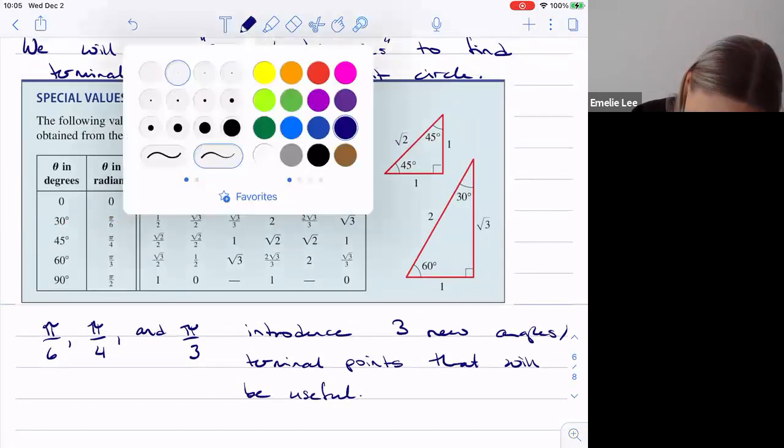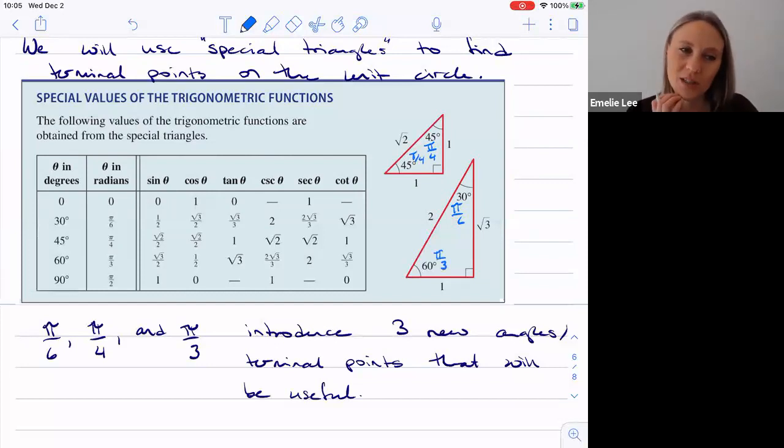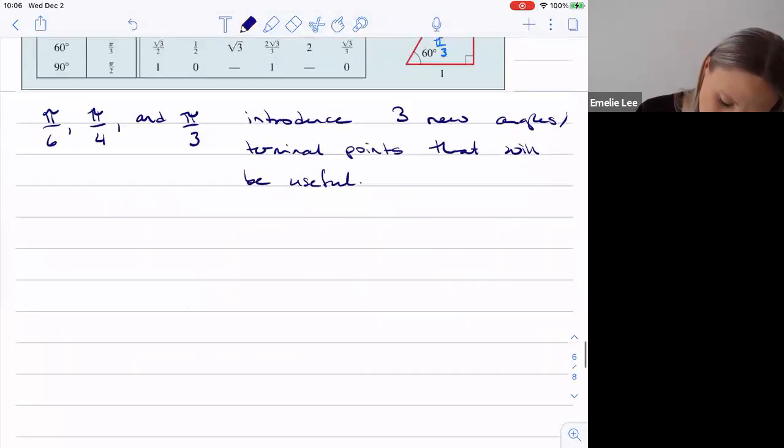So here we could replace the 30 degrees with pi over 6. 45 degrees is pi over 4, and this is pi over 3. So we can work in either degrees or radians. I actually prefer radians for now because we're not as comfortable with radians. So this is how we get comfortable.